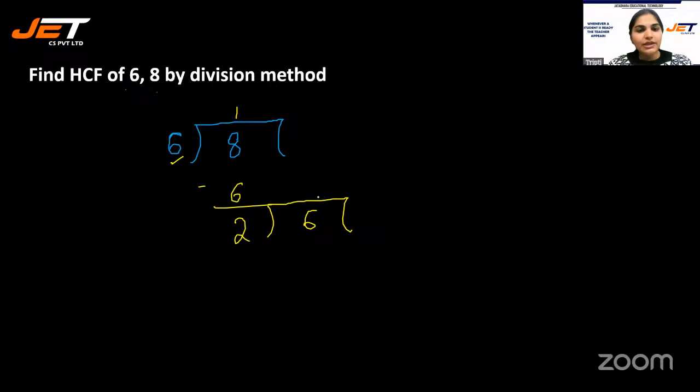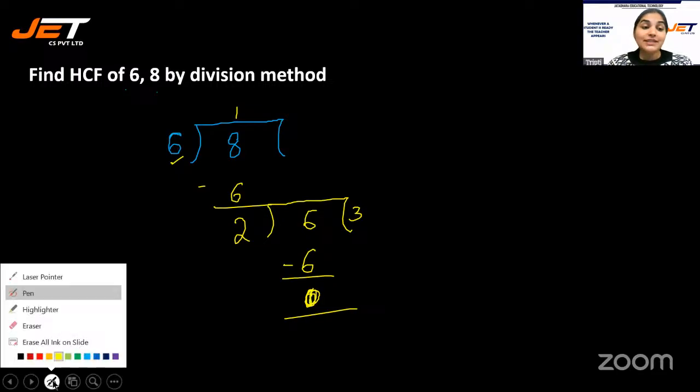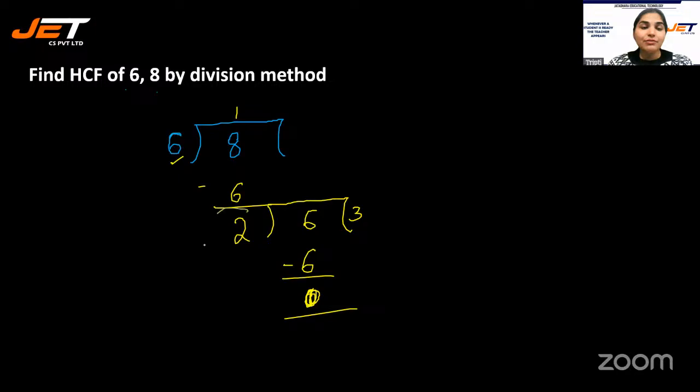Now divide normally. 2 times 3 is 6. 0. When you get 0 as the remainder, just stop. But then what will be the HCF? The HCF will be the last divisor. The last divisor is the HCF.